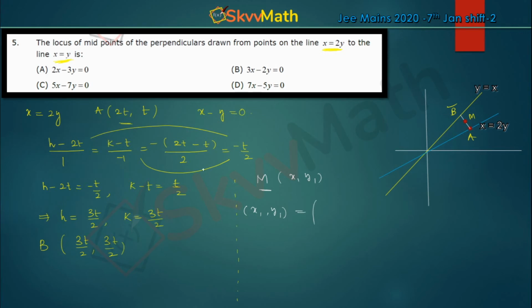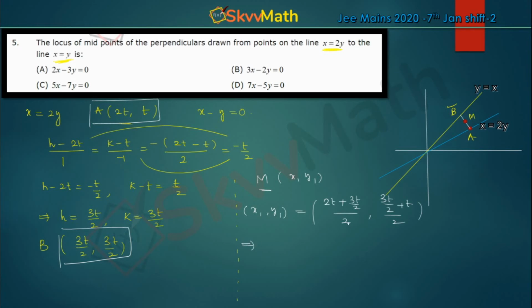So what is the midpoint of AB? Here we have A (2t, t) and here B (3t/2, 3t/2). So it is ((x1 + x2)/2, (y1 + y2)/2), that is ((2t + 3t/2)/2, (3t/2 + t)/2).